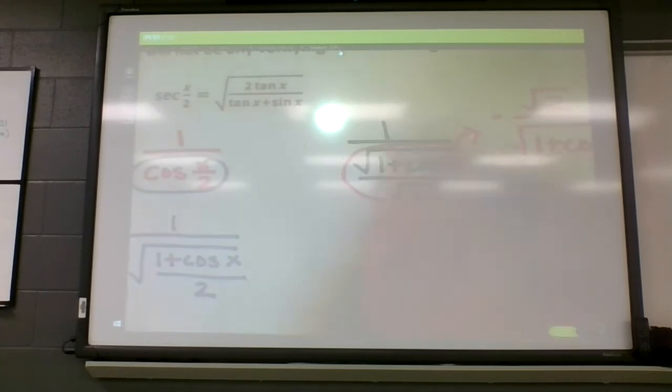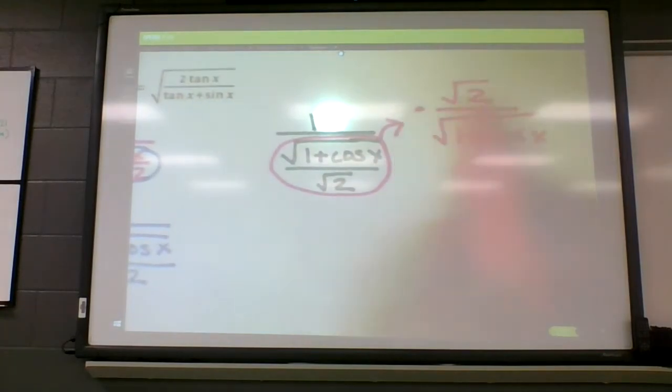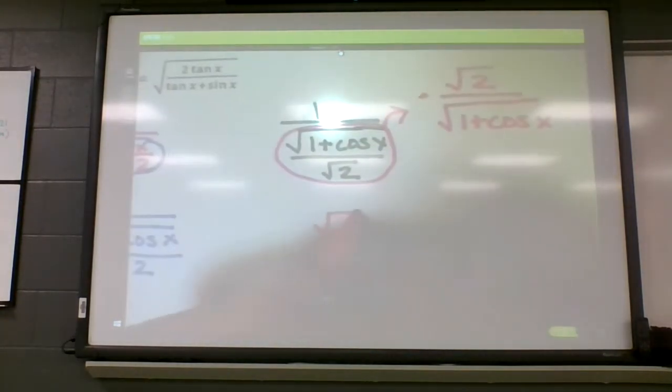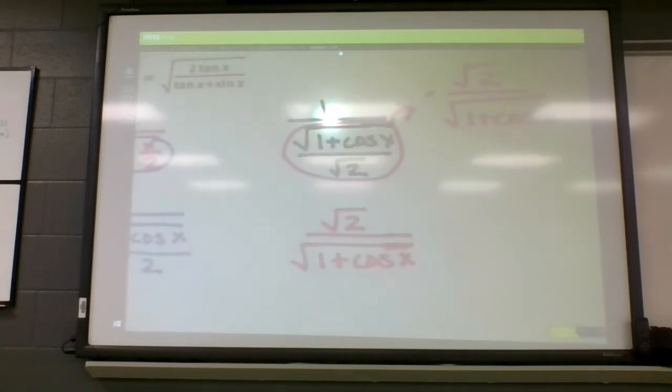And that all gets multiplied by 1. And if it all gets multiplied by 1, then you just have this, right? All right, so we are currently sitting at square root of 2 over square root of 1 plus cosine x. That's our current location. Right here.